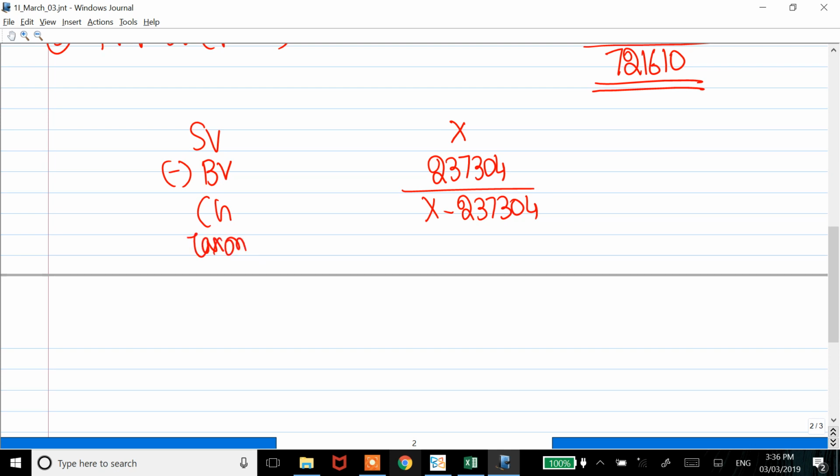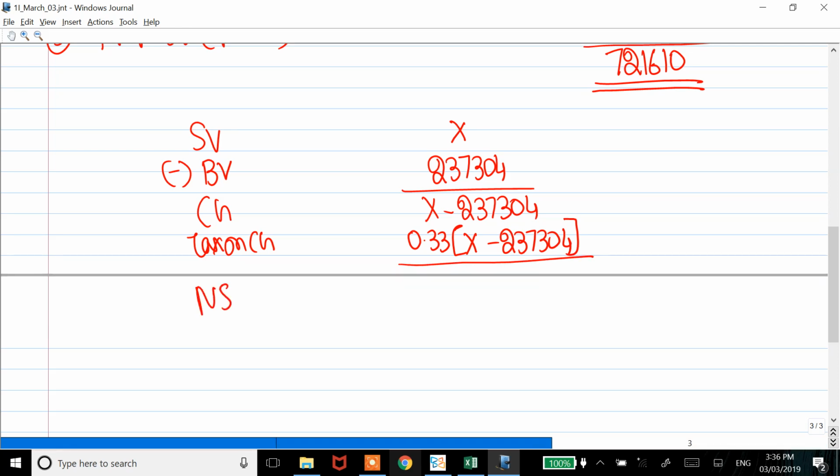My tax on capital gain is 0.33. Net sale value is sale value minus tax on capital gain.